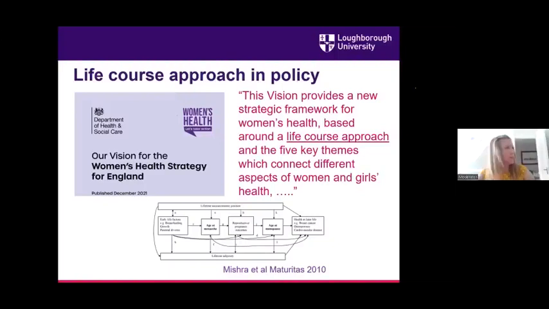Eve has got her hand up as well. Eve, would you like to ask your question? Thank you. That was such a great talk, Rebecca. Thank you. I mean, lots of questions, but as is always the case with this field, you think, oh yeah, okay, I've got this now. One of the questions I had was, you showed those data about women who experience early menopause already spending less time in full-time employment in their 20s and 30s.